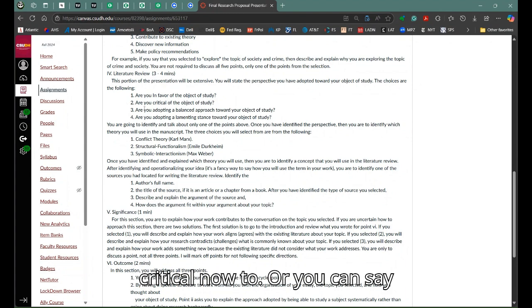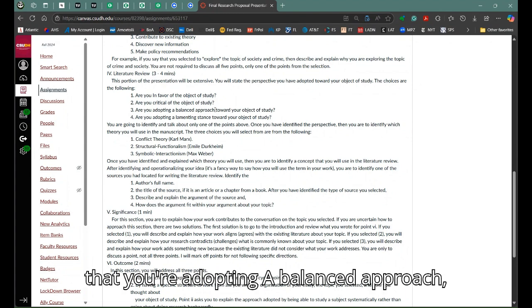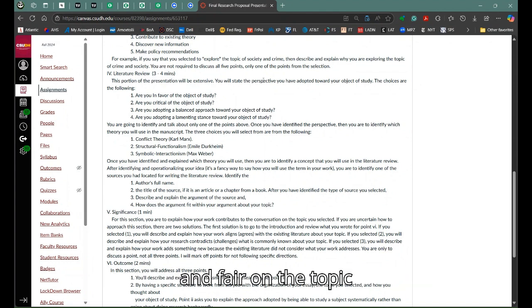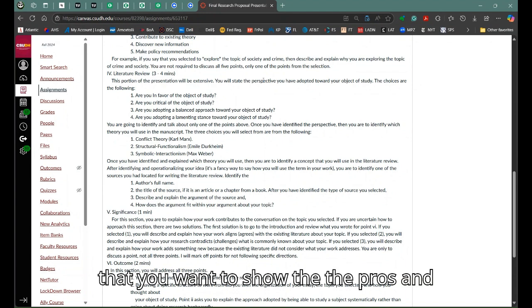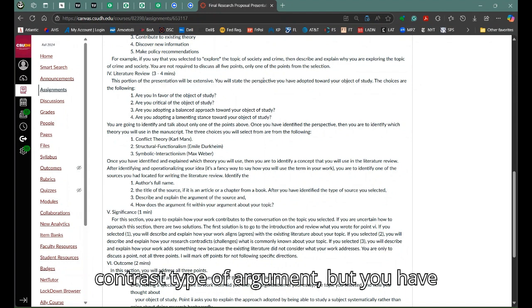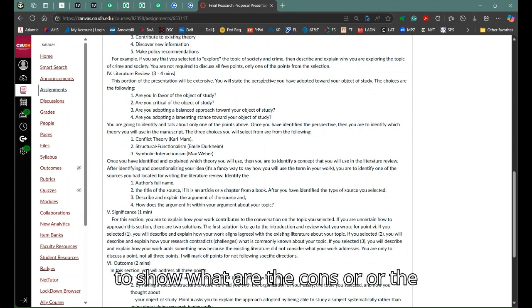Now, you can say that you're adopting a balanced approach, meaning that you're trying to be equal and fair on the topic, that you want to show the pros and cons. So it's almost like a compare and contrast type of argument, but you have to show the pros or the benefits of using crime as a way to inform public policy.